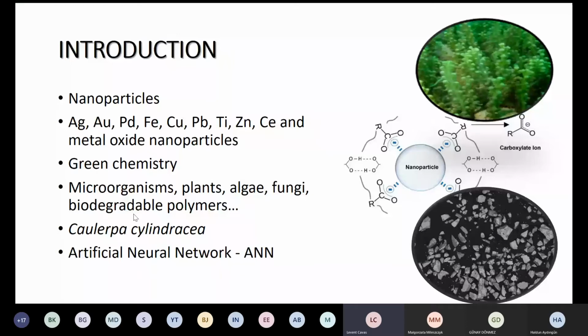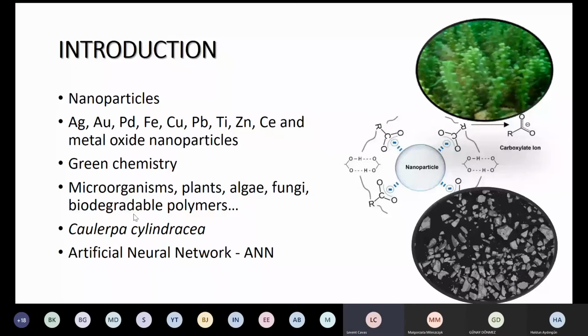However, when we use traditional methods to produce nanoparticles, dangerous intermediates are formed. Therefore, we have to use green chemistry methods. We can use microorganisms, plants, algae, fungi, and biodegradable polymers to produce nanoparticles.